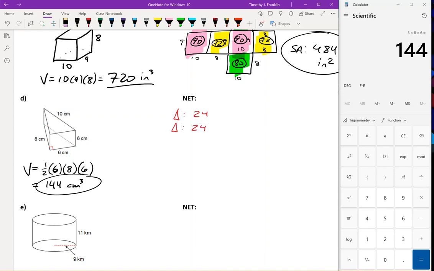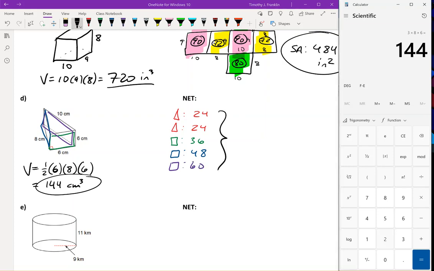And then we have 3 rectangles. Well, this rectangle here is 6 by 6. That's 36. This rectangle here is 8 by 6, which is 48. And this rectangle here is 10 by 6, which is 60.